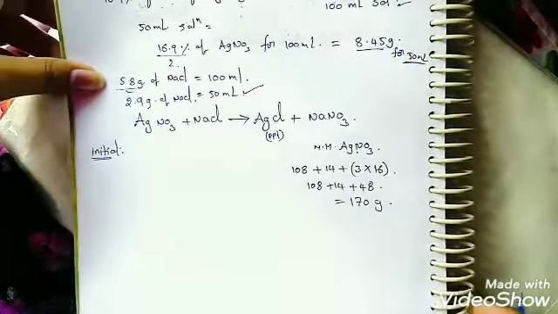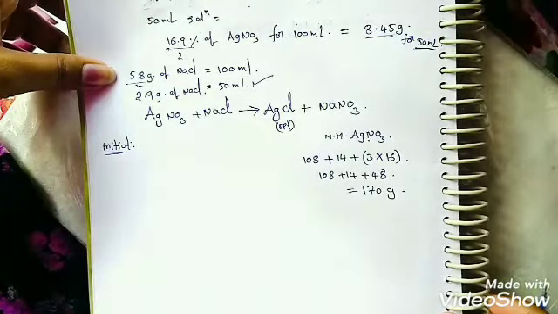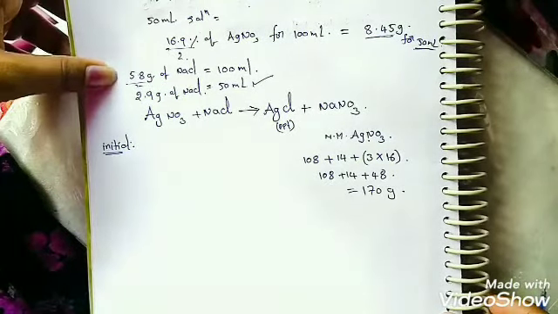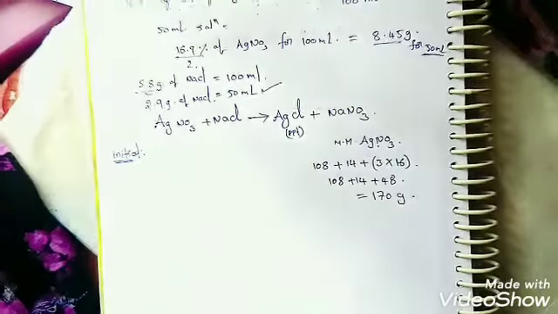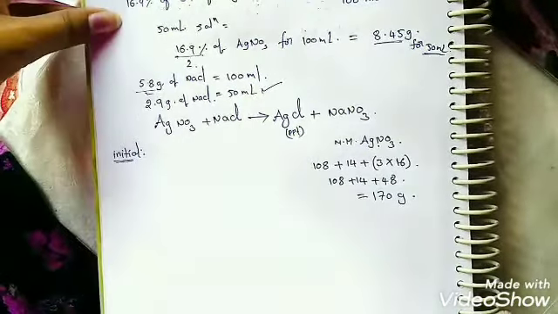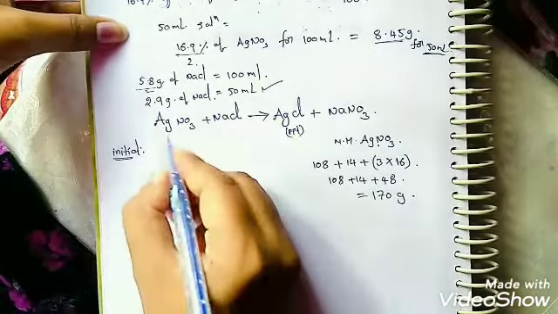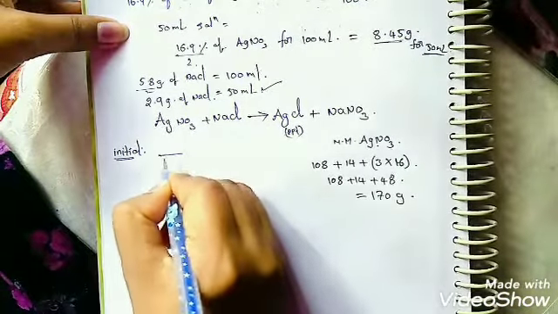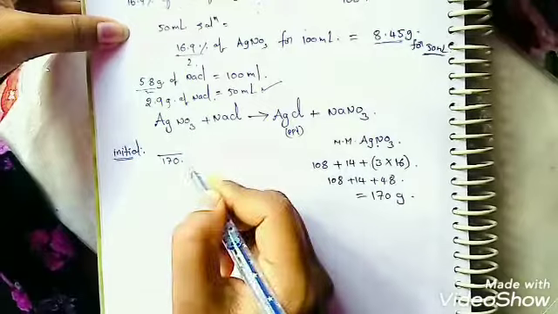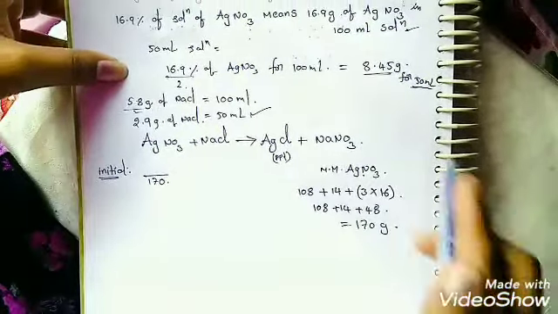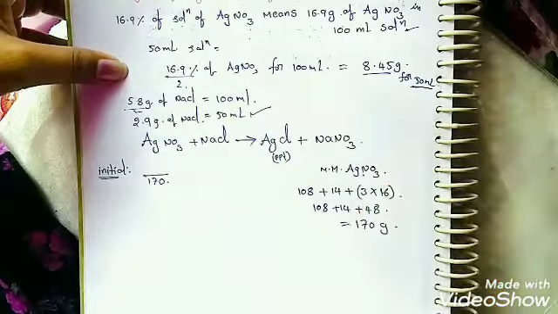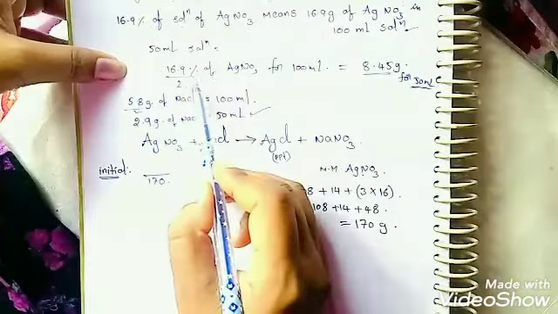So the molecular mass of AgNO3, silver nitrate, is 170.